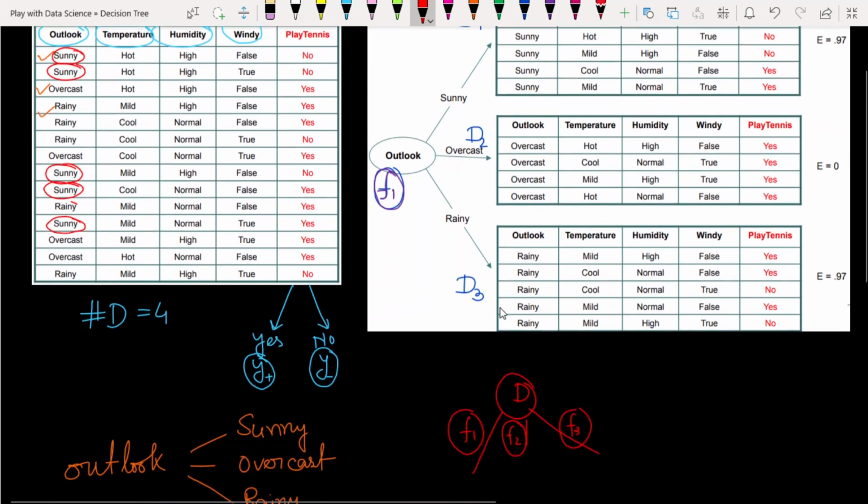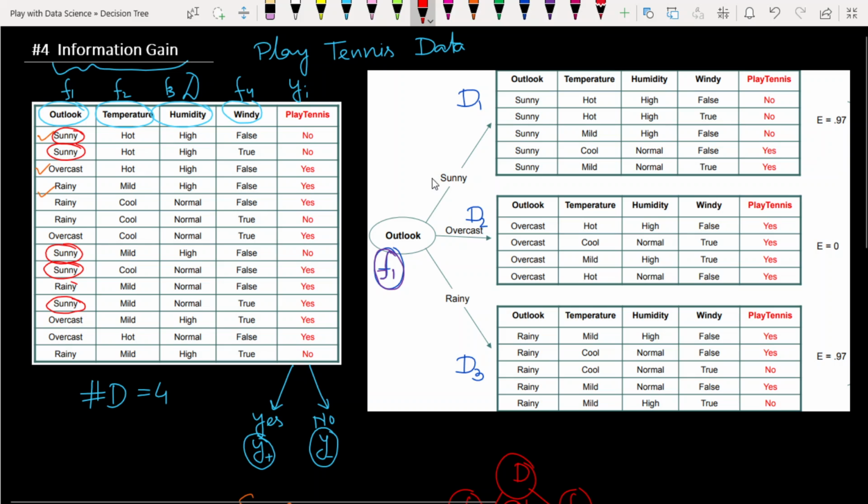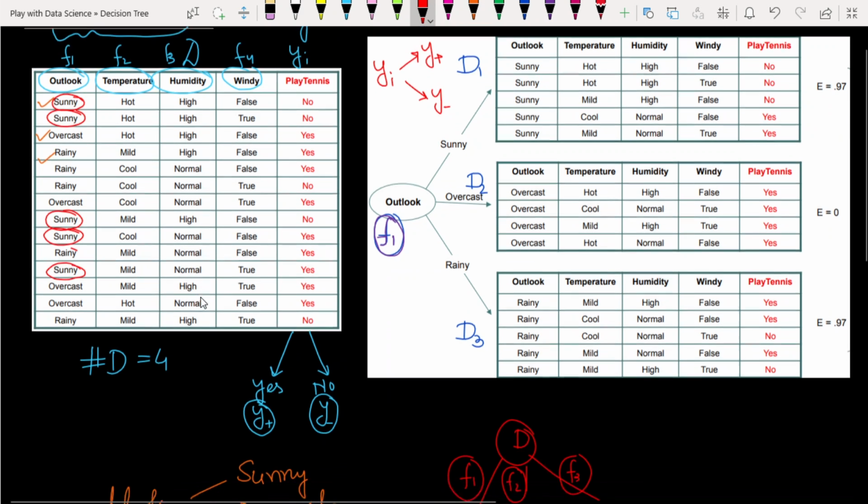But instead of taking it vertically, I am using the categories horizontally. The first partition, for category sunny, is called the D1 partition, the second, for category overcast, is D2, and the third, for category rainy, is D3. Our output is either y plus, that is yes, or y minus, that is no.